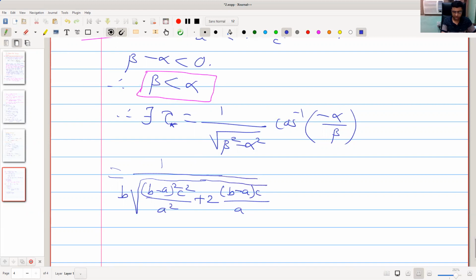This is in the denominator under square root. Cos inverse a divided by b minus a into c plus a.